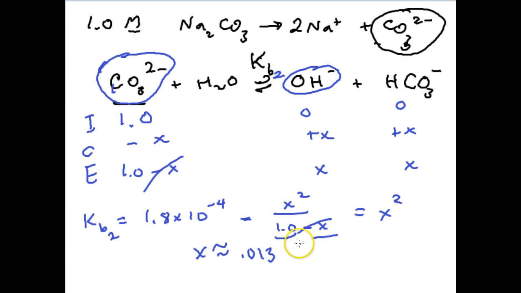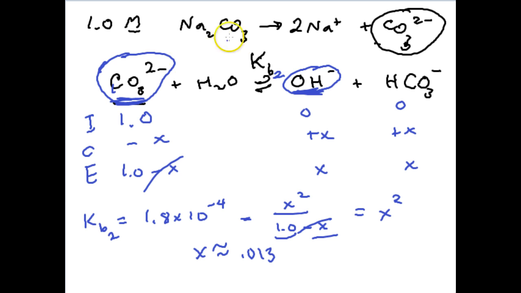So that means I have an OH minus concentration of about 0.013 when this carbonate ion is mixed in the water. Now we've got to keep that in mind, but that's not the only thing that's happening here. There's another thing happening because carbonic acid is a polyprotic acid.